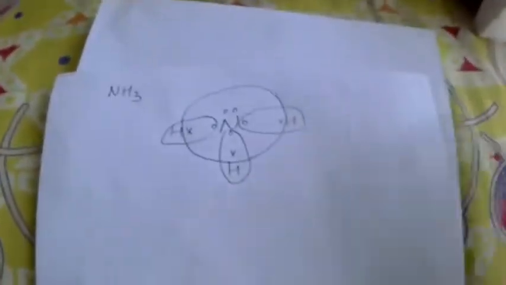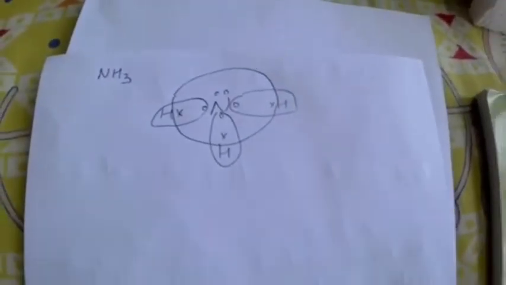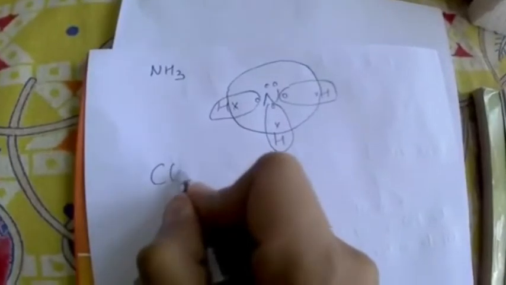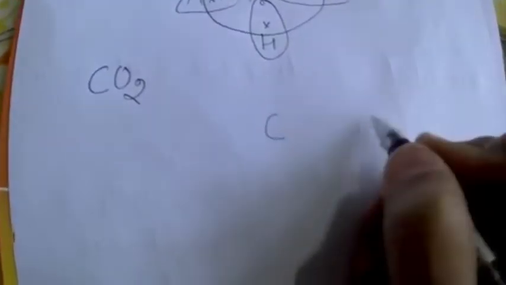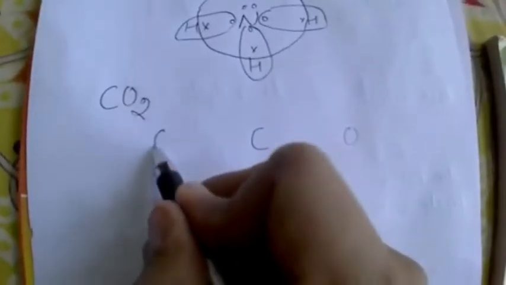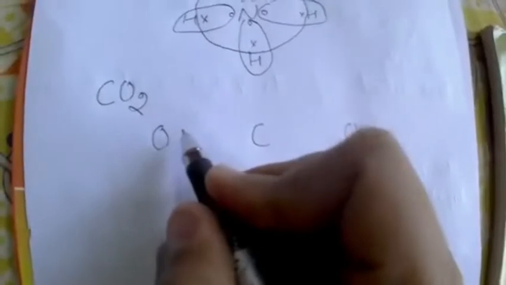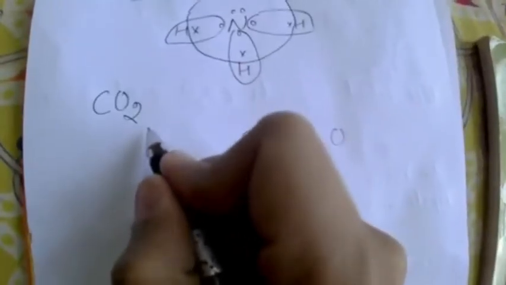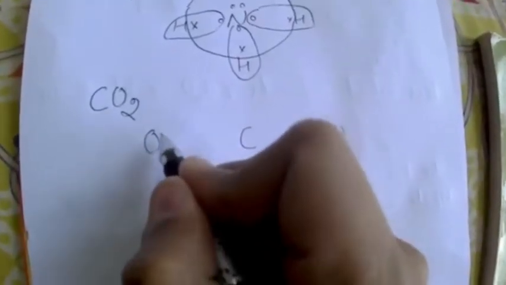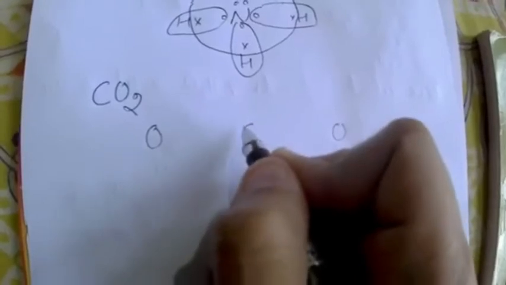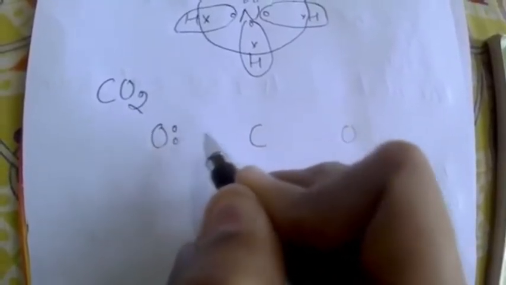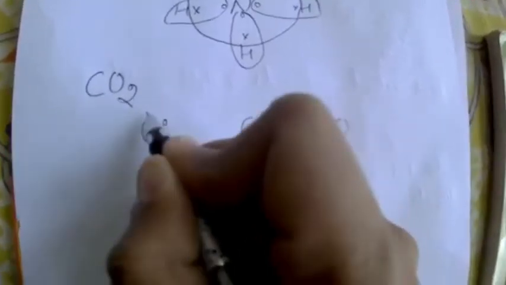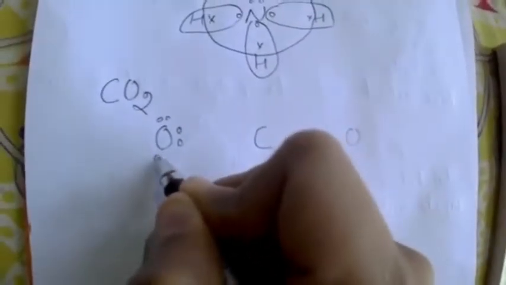I will take only 2 more examples now, and one example is CO2. Let's discuss carbon dioxide. Carbon is in the center, and the two oxygens are on the sides. Oxygen has 6 electrons and requires 2, so how will these 2 be obtained from carbon? Its 2 electrons should face towards this carbon. 1, 2, 3, 4, 5, 6.